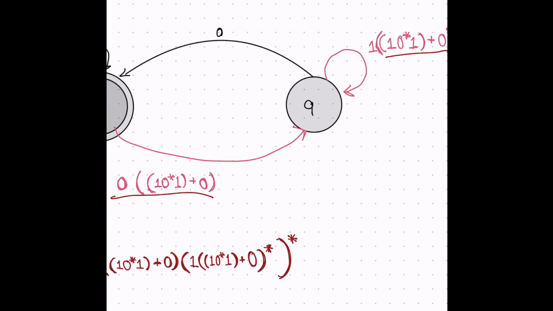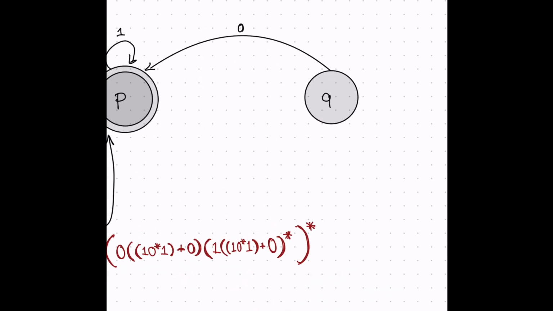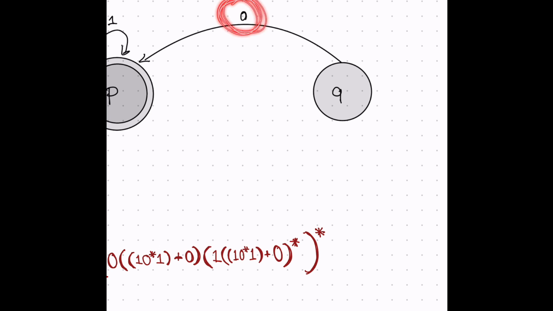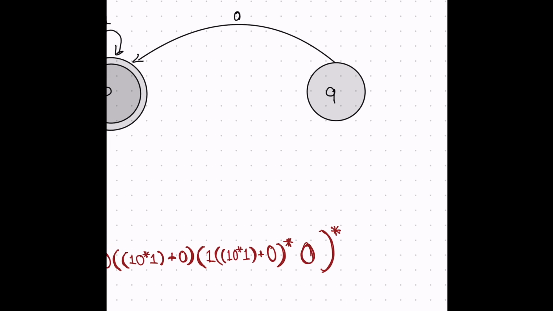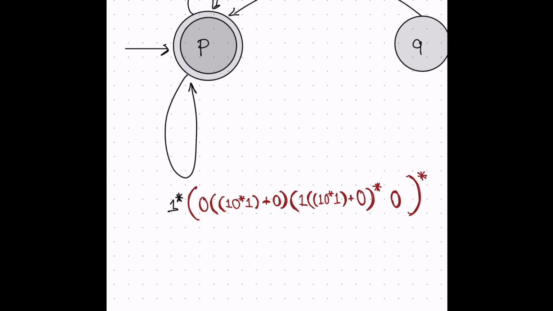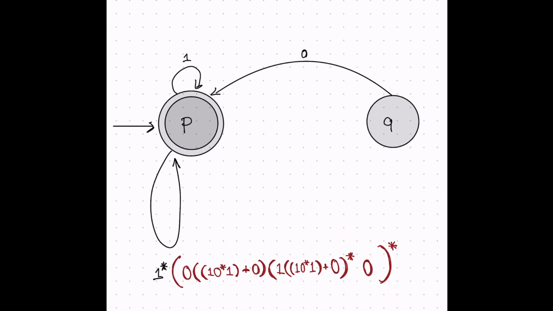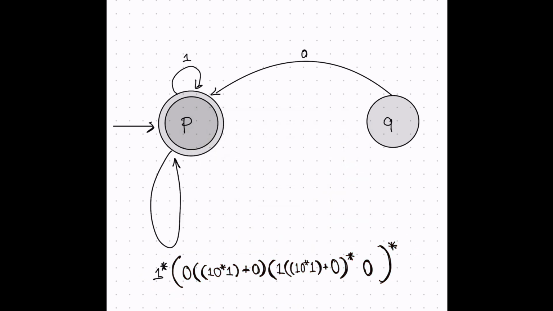So that's those two. Let's erase those to avoid confusion. And now we just have to add this final transition that gets us back to our goal state. So we just have to add in a 0 at the end. It's our mandatory 0 to get from Q back to state P. There we go. I'll change it back to that color.